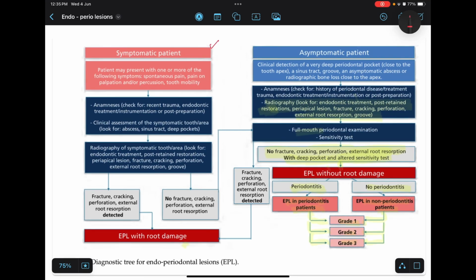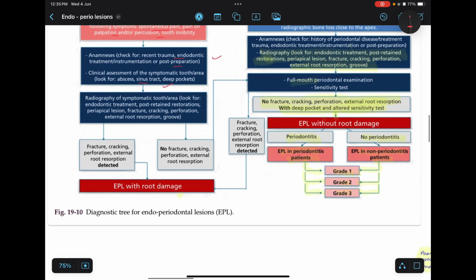In acute, the patient will be symptomatic, and may present with pain on palpation, percussion, or mobility, either of these things. Then you check for recent trauma, ask the patient, take history, go for clinical examination: sinus tract, abscess, deep pockets. Then you take the radiograph of the symptomatic tooth area and look for endodontic treatment, post, retained restoration, periapical lesion, fracture, cracking, perforation, anything that you can think of.